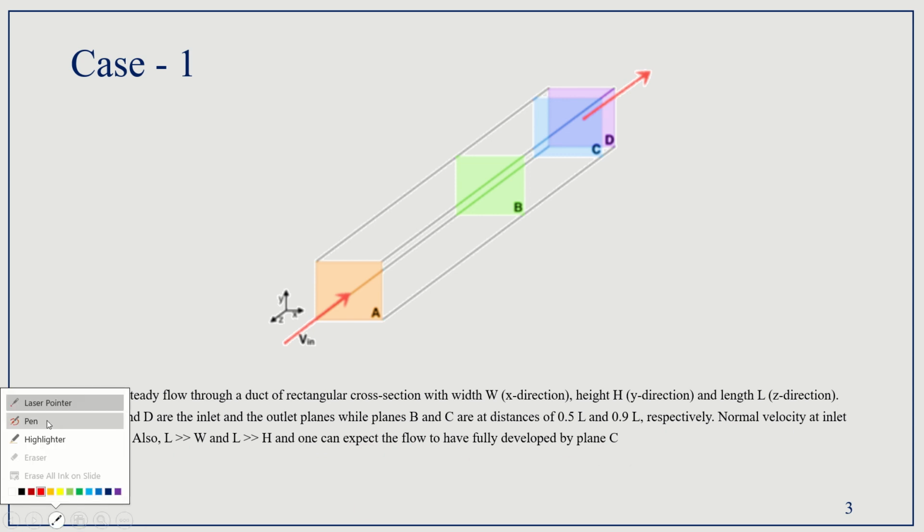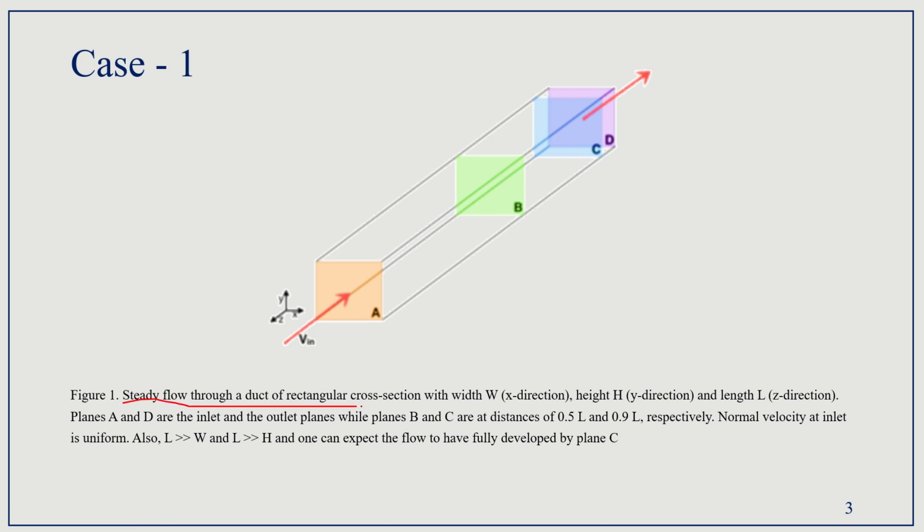First we need to understand what is given in the case. It is mentioned that there is steady flow through a rectangular cross section with width W and height h. So we have a rectangular cross sectional plane. This is height and this is width, in the y direction and x direction.